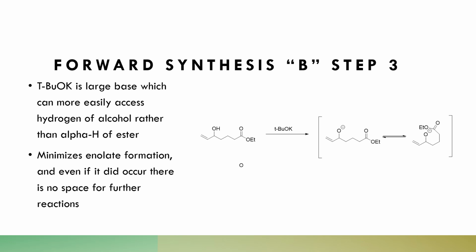However, due to the size of the base, it'll actually more preferentially deprotonate that alcohol. So once that alcohol is deprotonated, the oxygen there, you can see that I do a bit of a structure shift where I move the ester group closer to the alkoxide, and that is because it will react at that carbon of the carbonyl to create the lactone in the following step.